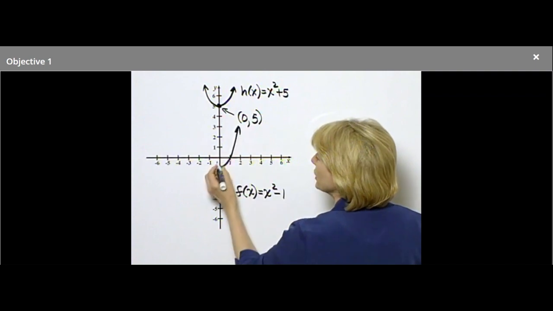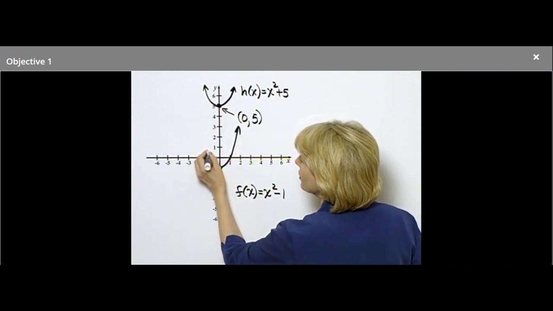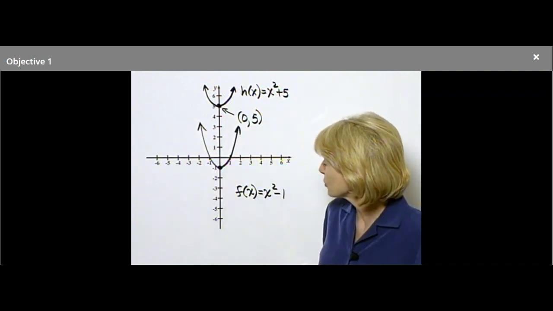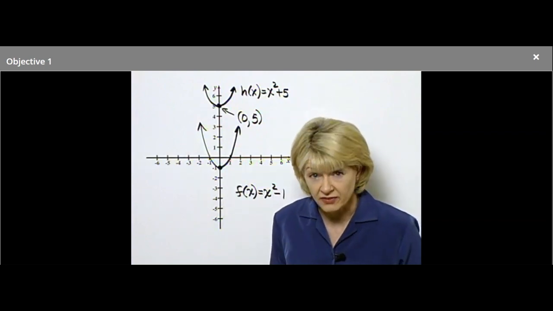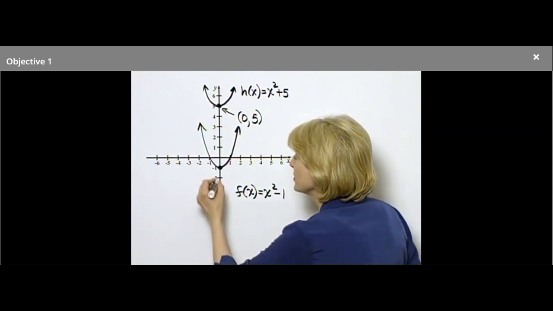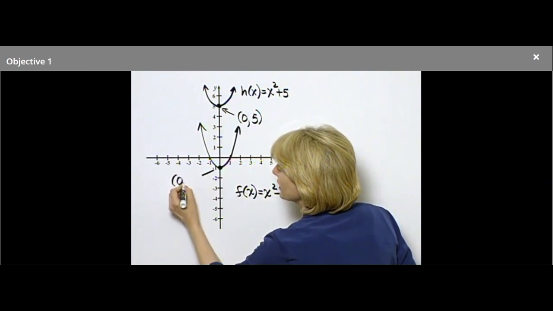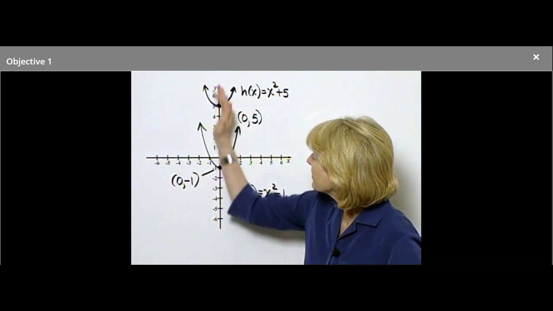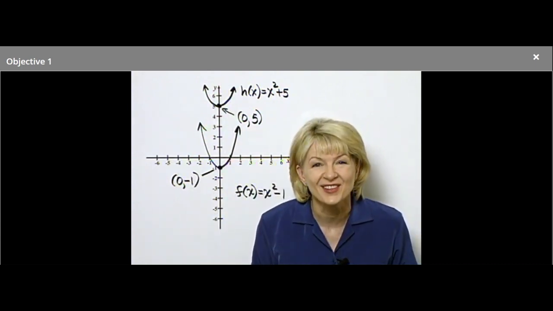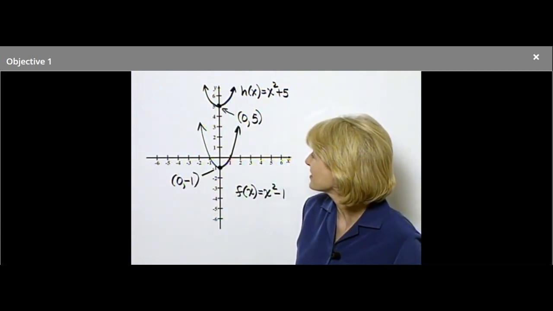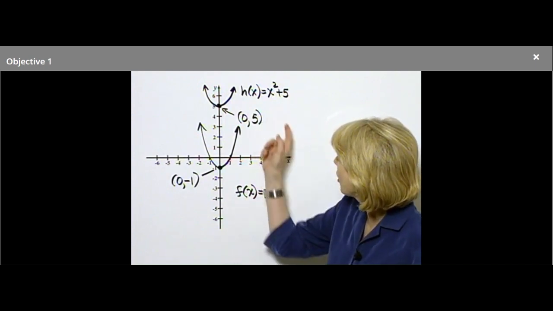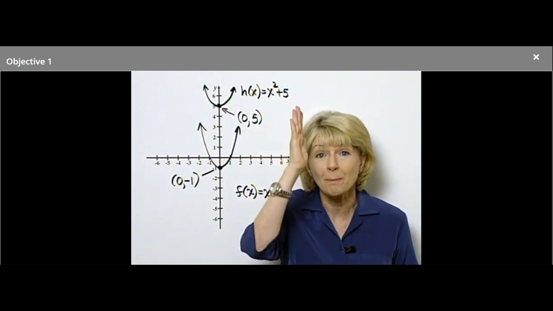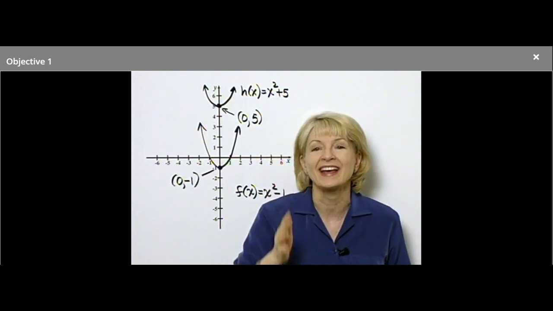So just draw in, we are sketching right now, that general shape. There is the graph of f of x. What is the vertex? Well, the vertex is 0, -1, and notice that the axis of symmetry is still the y-axis. So there is what causes shifting up and down, or upward and downward.